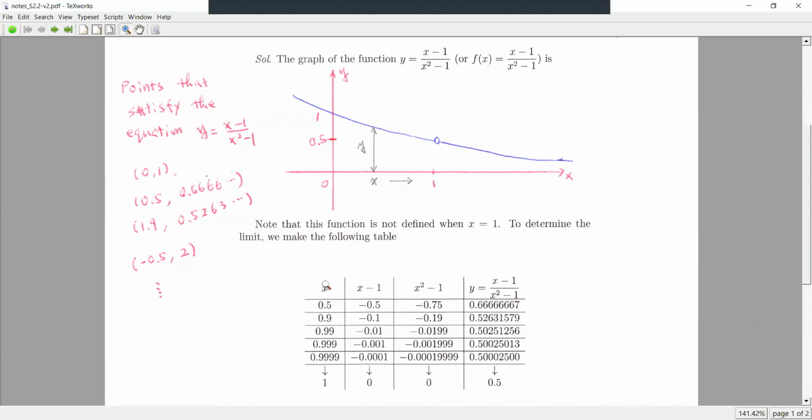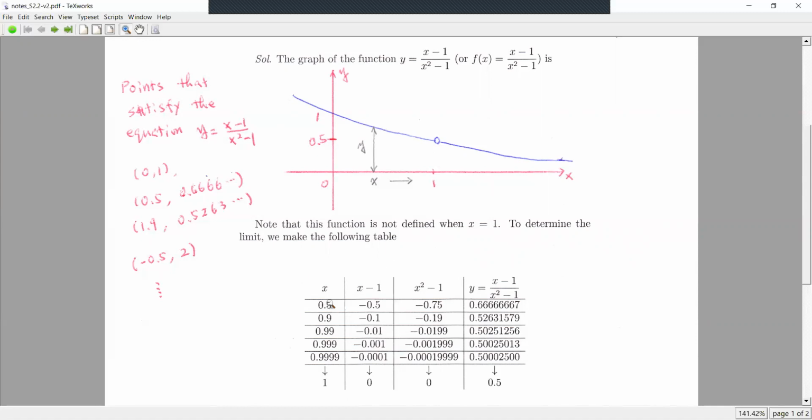So the last column is for the function. Now I let x approach 1 by taking these points. These points are quite arbitrarily chosen. You can choose other points. We call this convention number 1. Convention number 2 about the limit of a function says that x approaches some point, but x is not allowed to take that point directly.